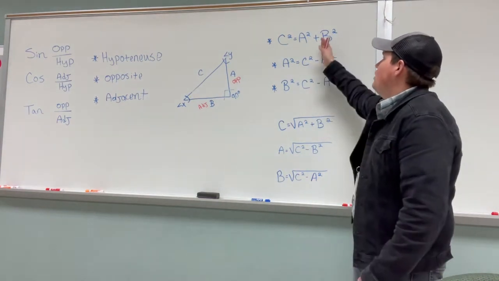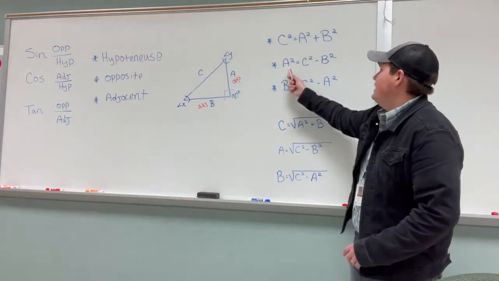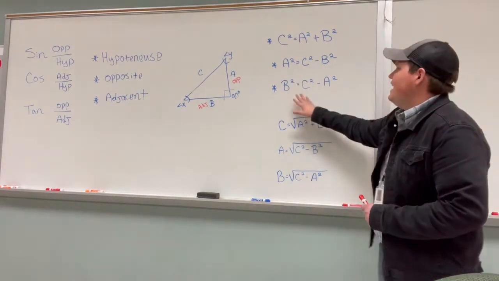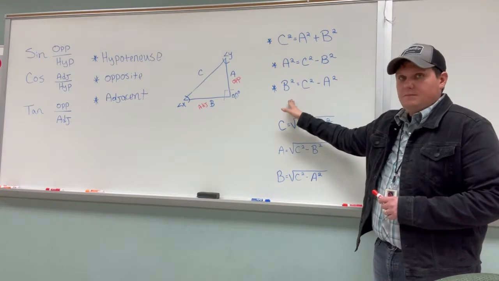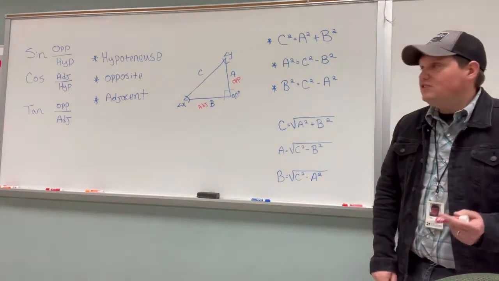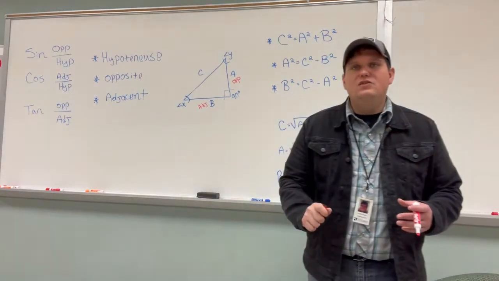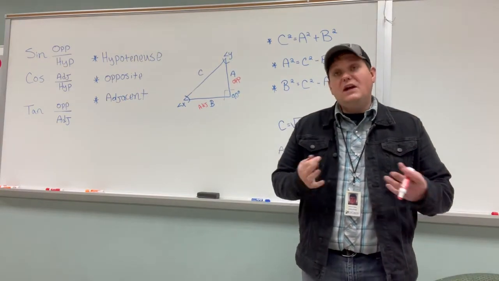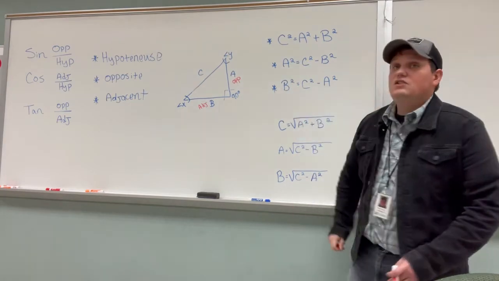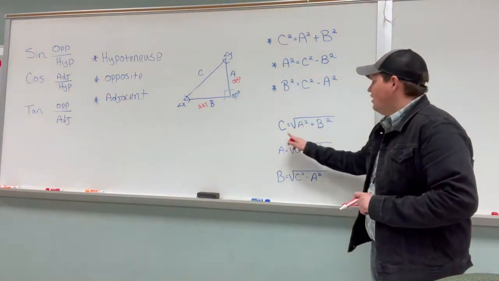And whatever I do over here, I have to do the same over here, which ends up being a squared is equal to c squared minus b squared. And then the same if I'm solving for b. Okay? Now, I told everyone in class that this is not actually your working formulas because a variable that you're solving for, so c, a, and b, can't be squared. So the actual formulas that you'll be using are these.